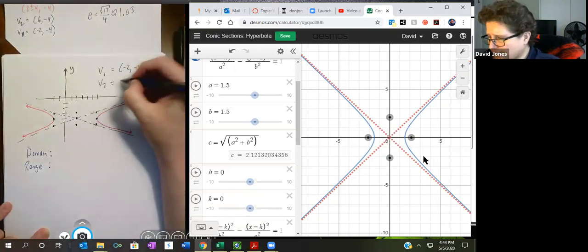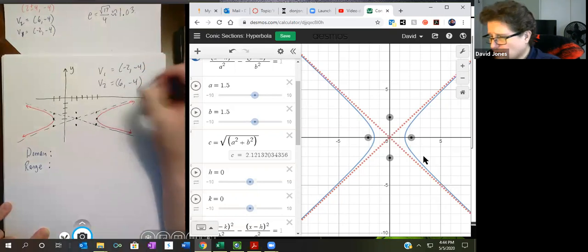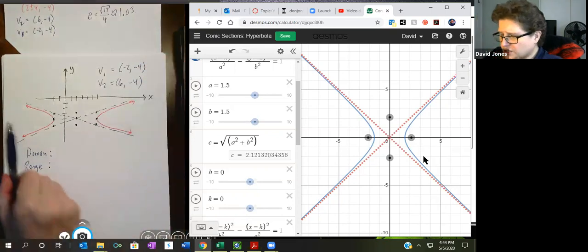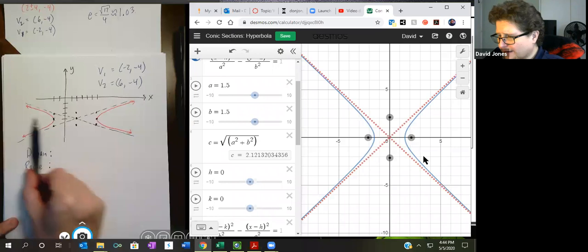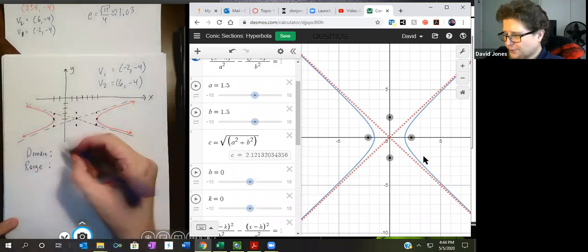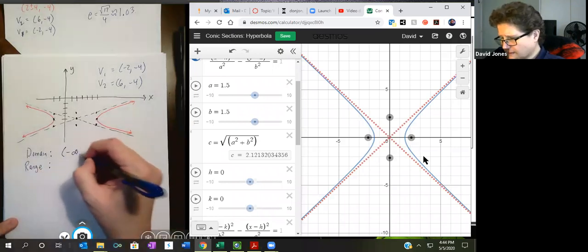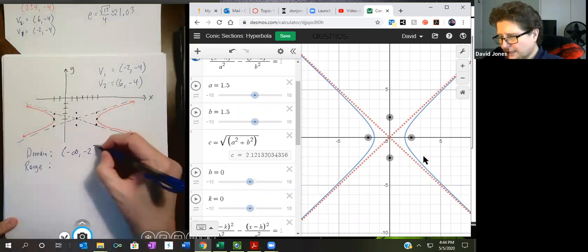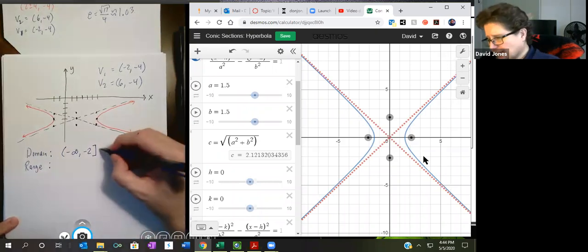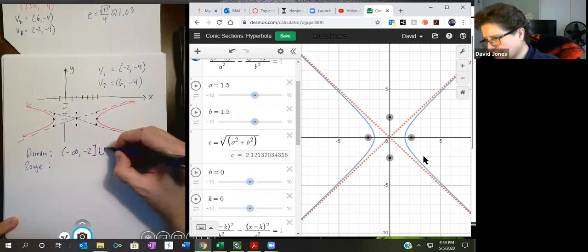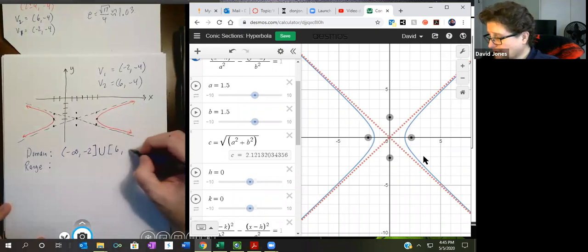B2 is 6, -4. Which means this is going all the way from -infinity up to -2. And then it stops, but it includes -2. And then it waits and it starts up again, and it goes from 6 to infinity.